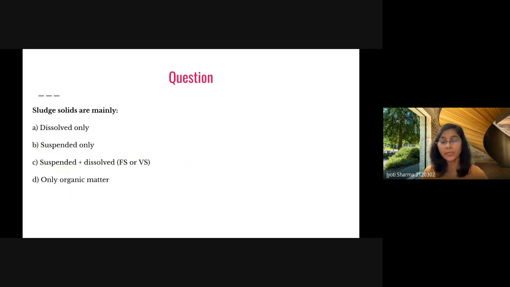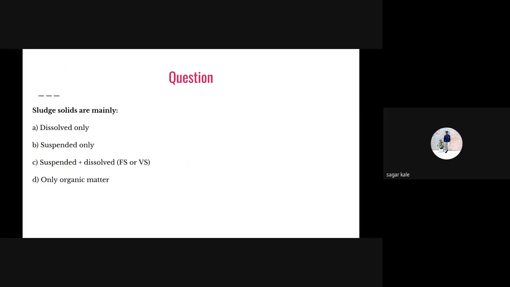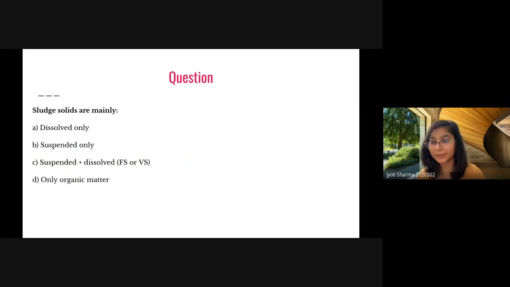Okay. The next question is, sludge solids are mainly, and you have four options here: dissolved only, suspended plus dissolved, and only organic matter. Option C. Dia gave me B, and okay, let me see.